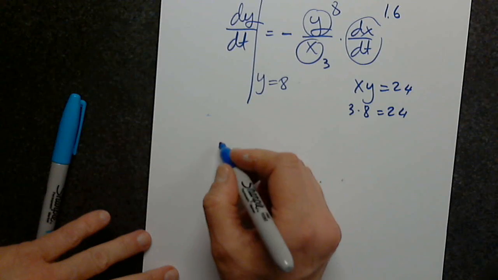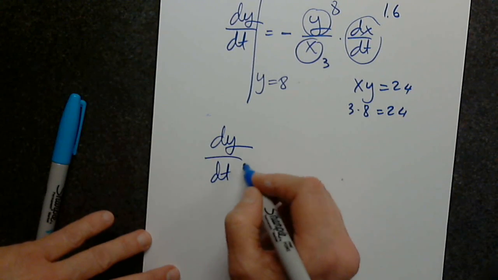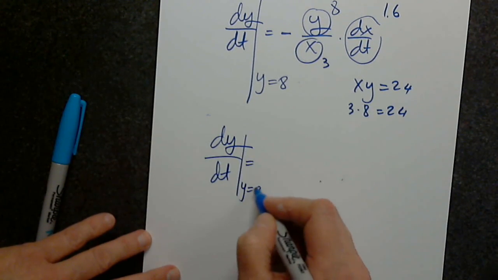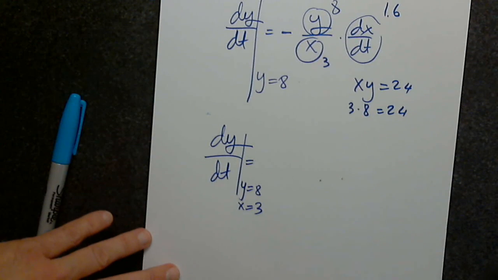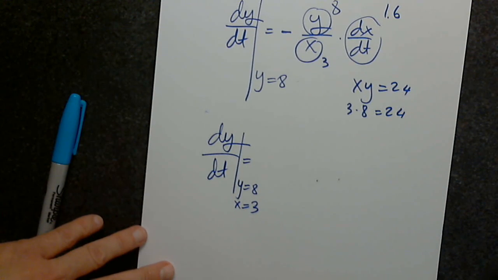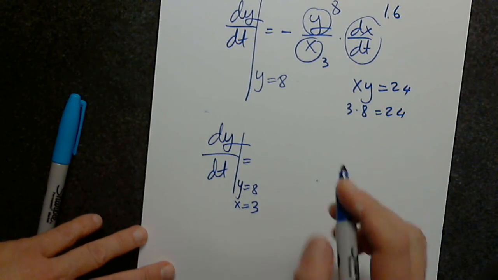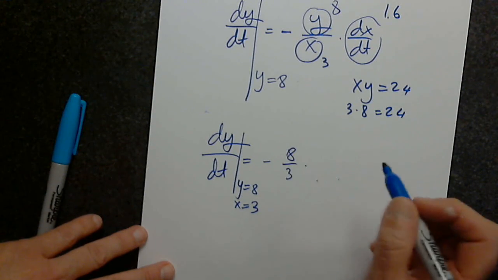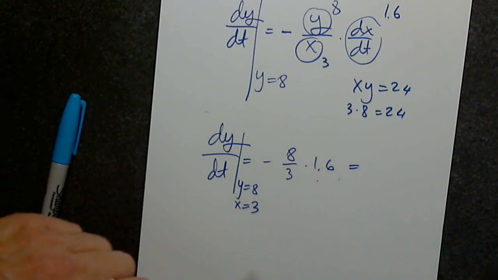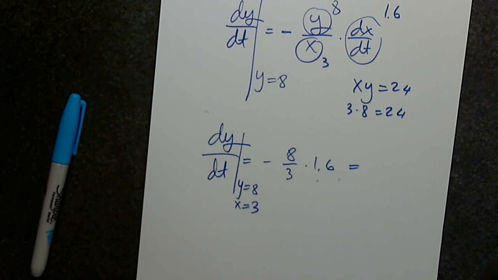So then dy over dt, when y is 8 if you want, when x is 3 if that's what you want to write, is negative 8/3 times 1.6. And I'm lazy tonight. So what do we get? 8 times 1.6 divided by 3.